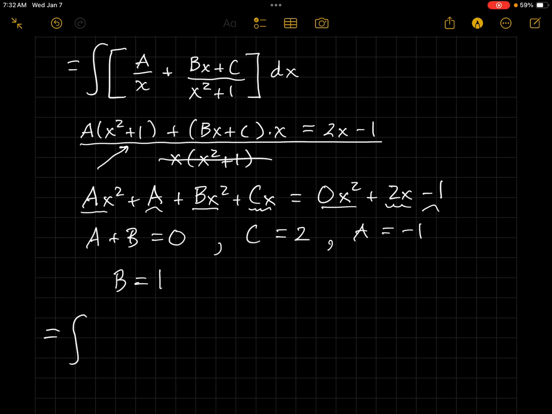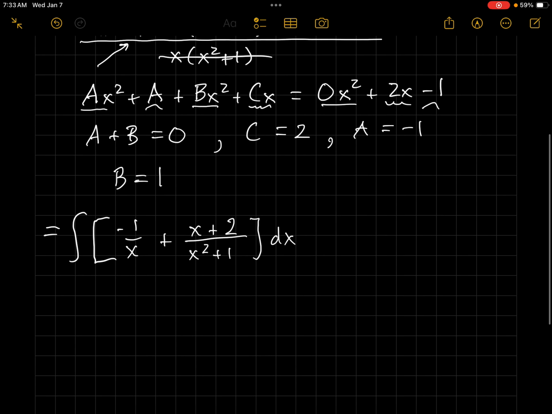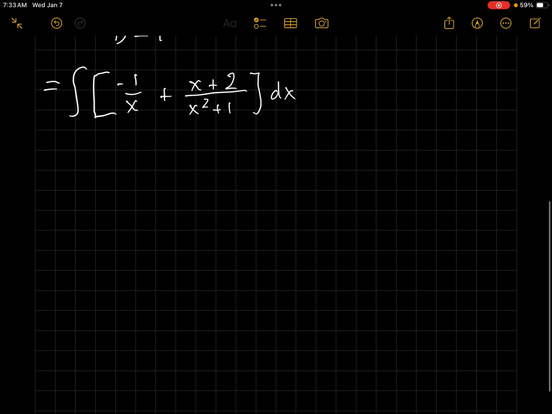That is the broken down integral part, where I have a over x plus bx plus c over x squared plus 1. Let's take just a little time to talk about how to integrate this second part over here.